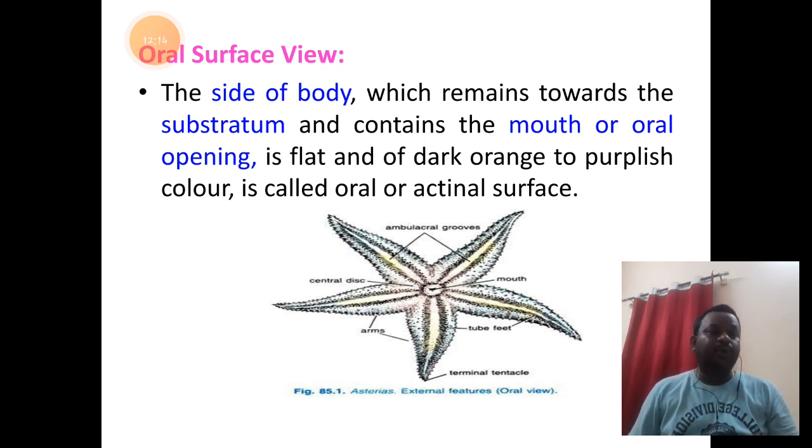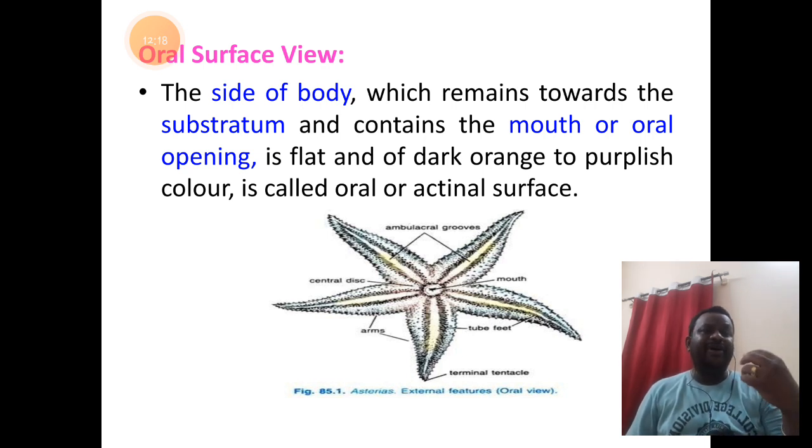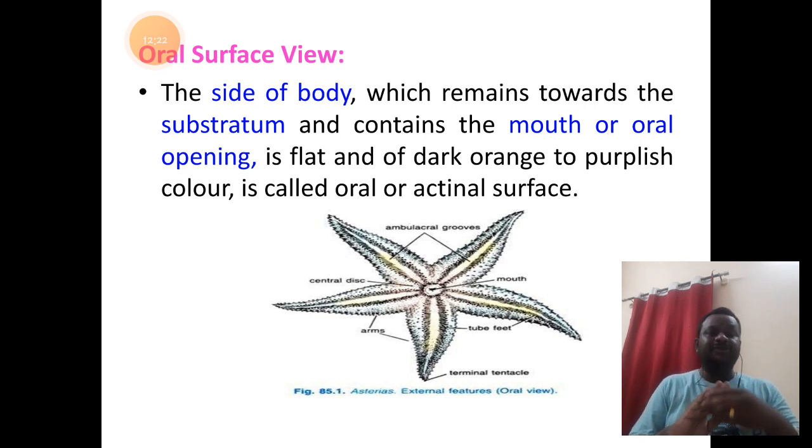Generally, it is a repeated question for 10 marks. And if we have to explain only one surface, it will be for 5 marks. Usually, the externals or morphological details of Asterias is a 10-mark question, a major question. So, it includes 2 parts to describe.